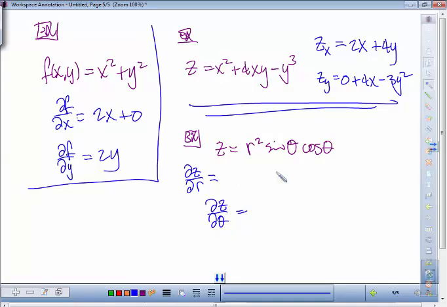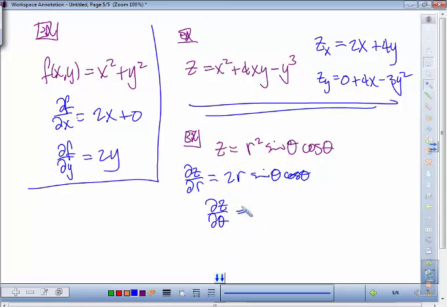What's the partial derivative of z with respect to r? 2r. What? Not done yet, am I? Sine theta, cosine theta. It's a constant, right? If you're adding, the constant disappears, but if you're multiplying, it doesn't just disappear. It's all just part of that.